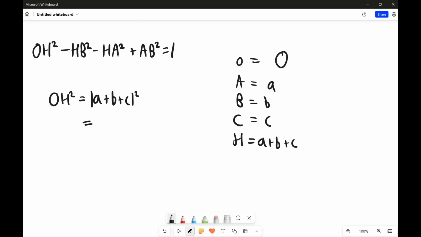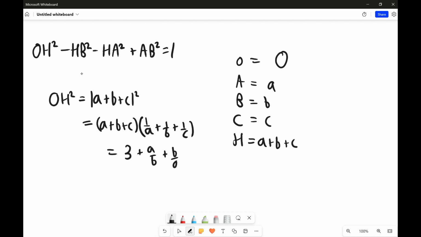From what we know about complex magnitudes, this is equal to A plus B plus C times its conjugate. The conjugate of A is 1 over A, so it's 1 over A plus 1 over B plus 1 over C, which is 3 plus A over B plus B over A plus C over B plus B over C plus C over A plus A over C.